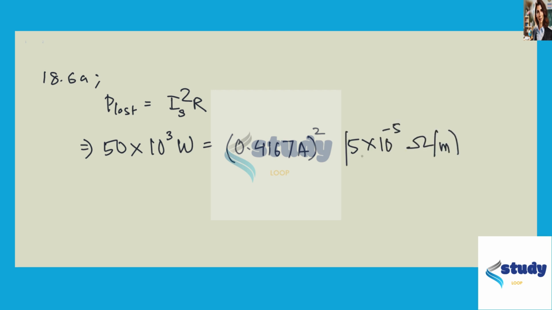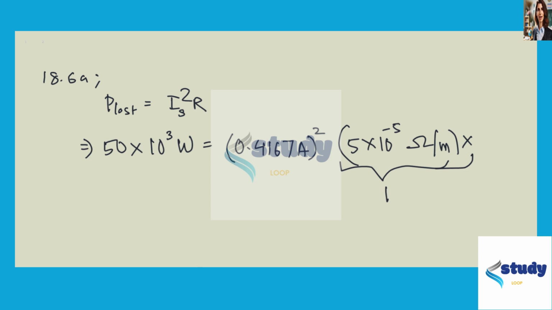And let's say the distance that we need to find is x. So this times x will give us the total resistance R that we need over here.